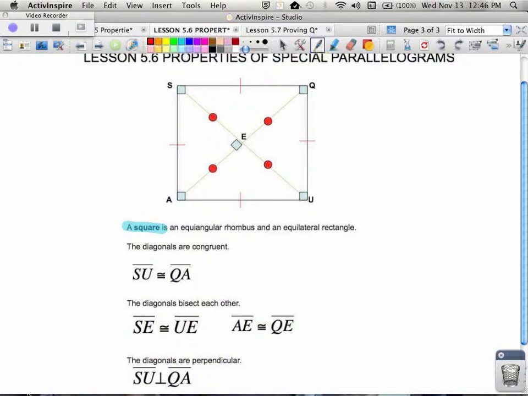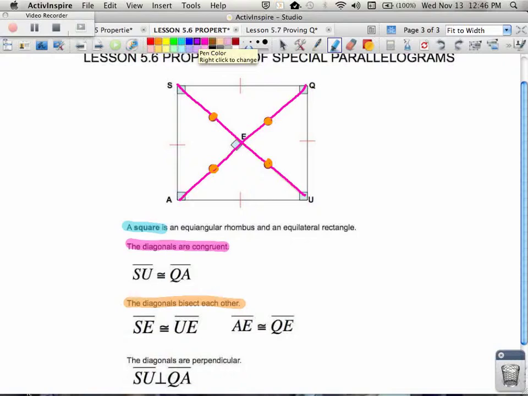Just like in a rectangle, I know that my diagonals are congruent, meaning that when I look at it, I know the distance from S to U is the same as from Q to A. Also, I know that my diagonals chop each other in half, just like they did in the rectangle. So when I look at that, that means I know that SE, QE, UE, and AE are all going to be the same size.